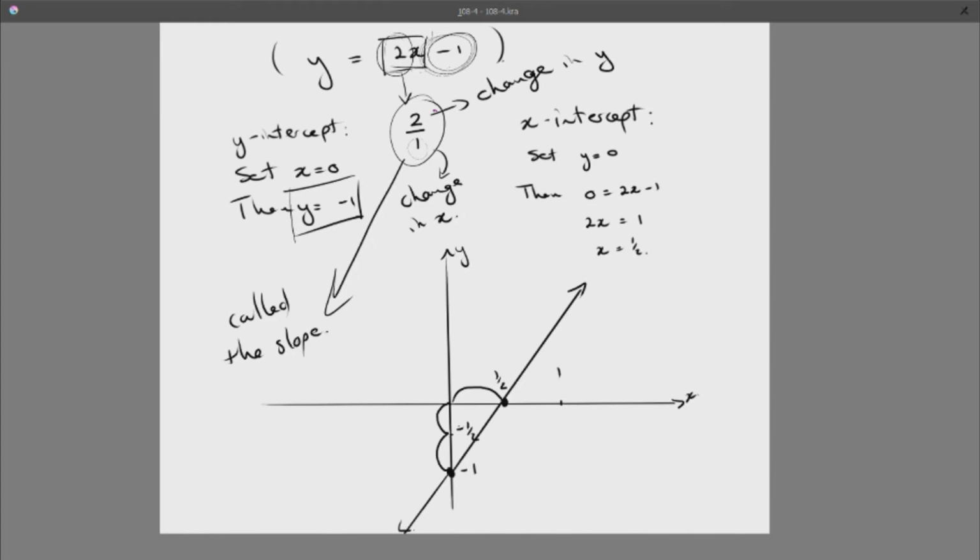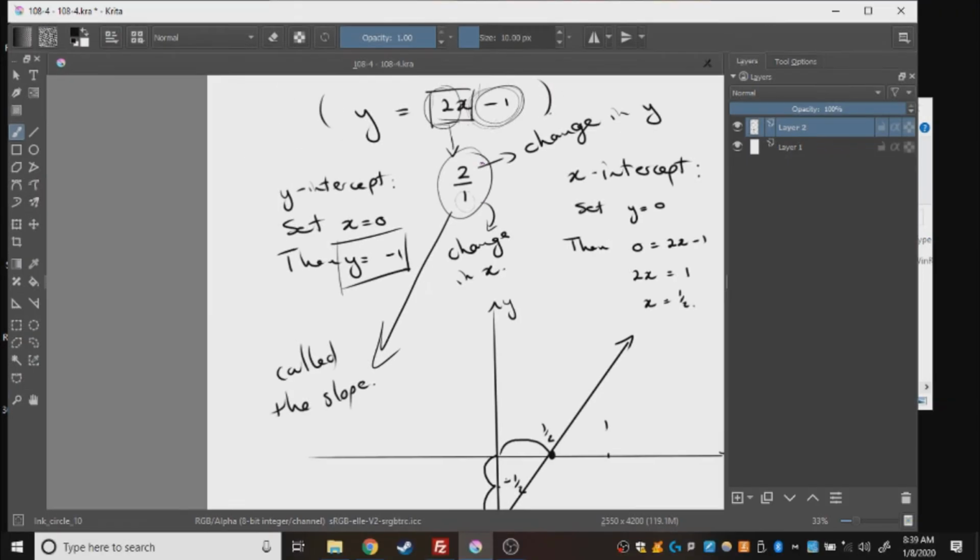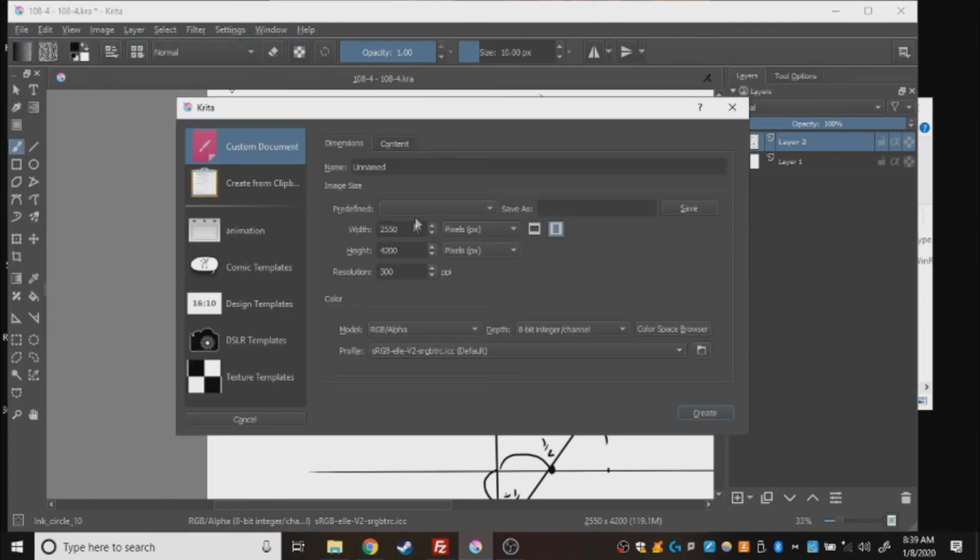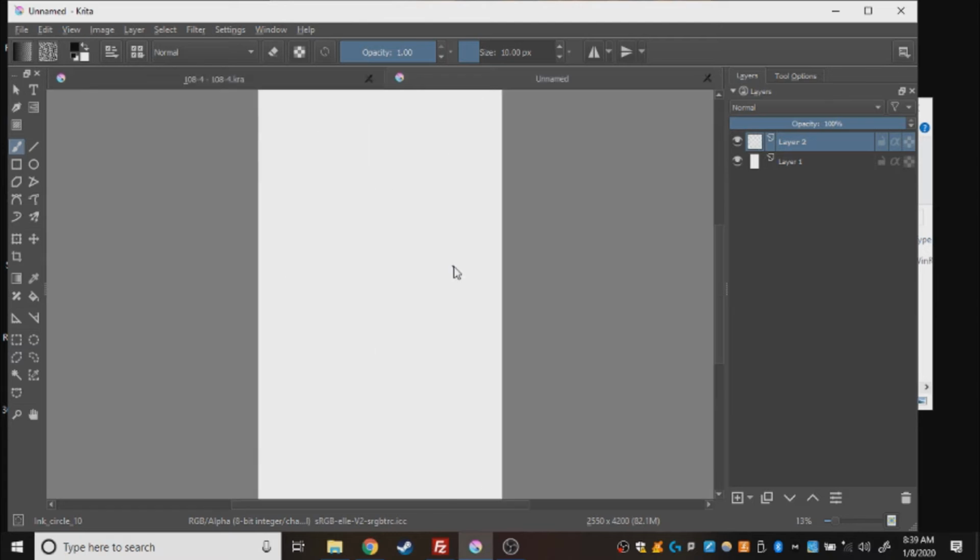So if I have, let me make a new page for a second. I'm running out of space. I want to squeeze everything in. If I have my function, for example, y equals 2x minus 1, it's in the form y equals mx plus b, where the m could be some number and the b could be some number.